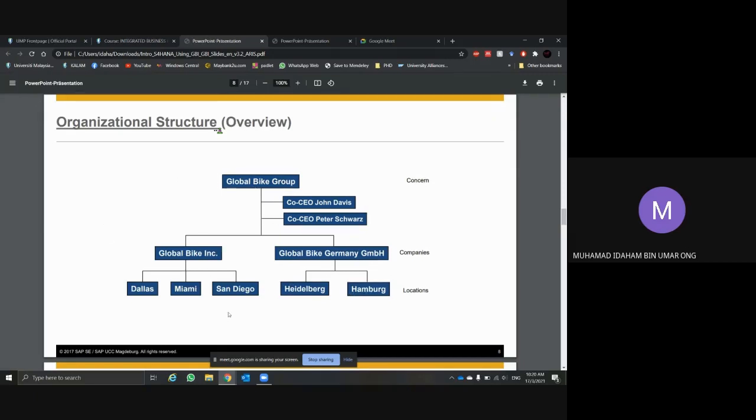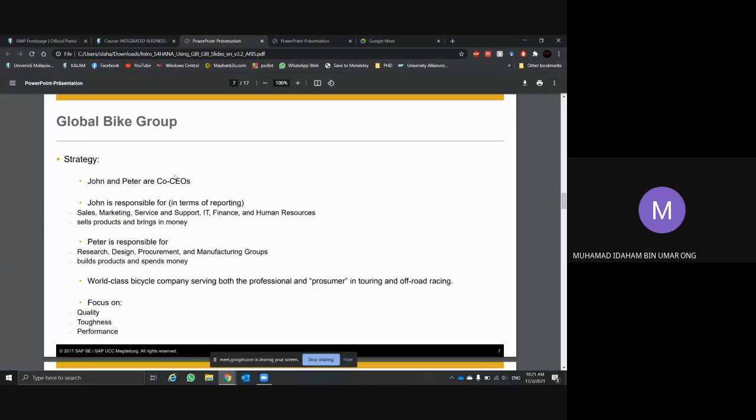Now, this information that you see, you're going to be applying it when you do your lab exercise, especially your lab exercise on sales and distribution. Based on this slide, have a quick look.